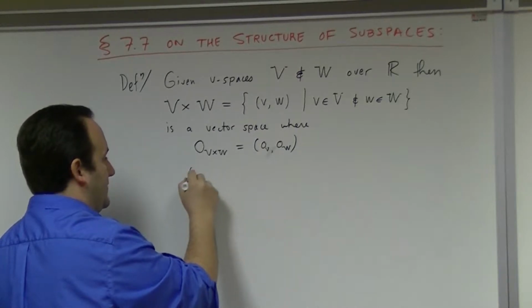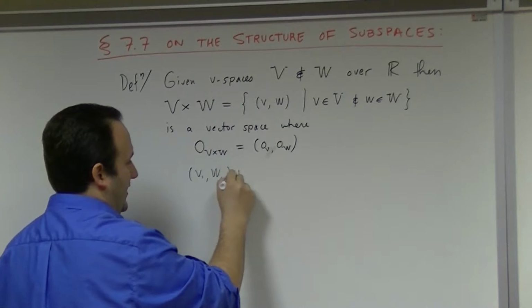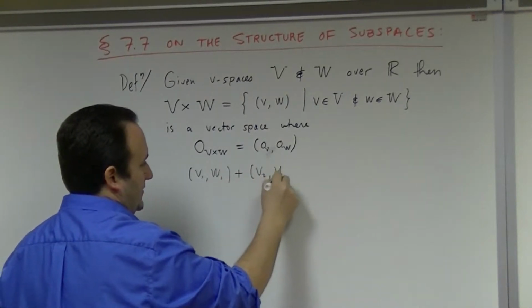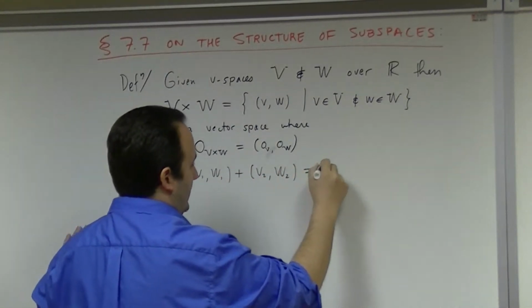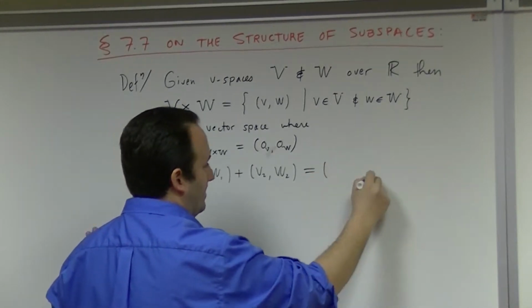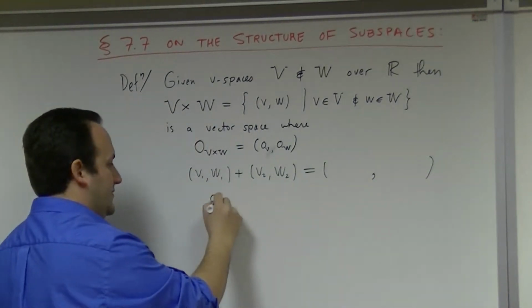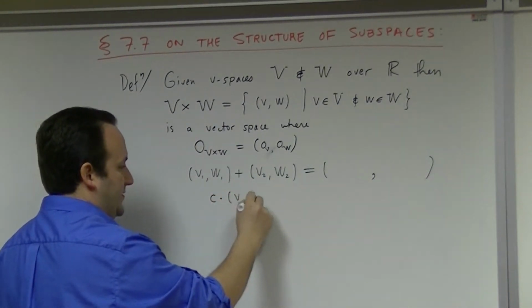So suppose I have (v1, w1), and I want to add it to (v2, w2). How do we define the addition in the Cartesian product of V and W? And how about scalar multiple, how do we do that one?